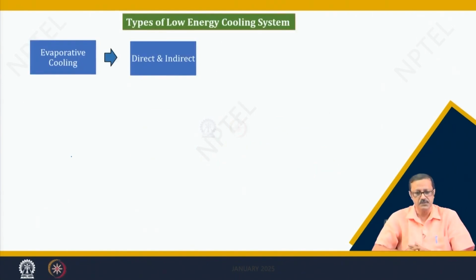So, let us discuss some of the types of low energy cooling systems, because we will discuss 2-3 low energy cooling systems, and also one of the passive cooling systems in these consecutive 2 lectures. The first one is evaporative cooling.